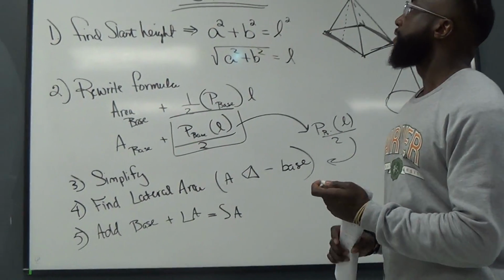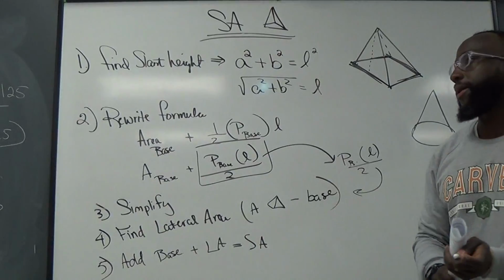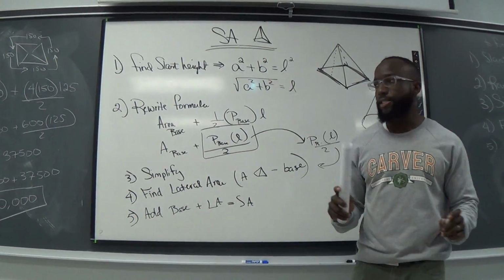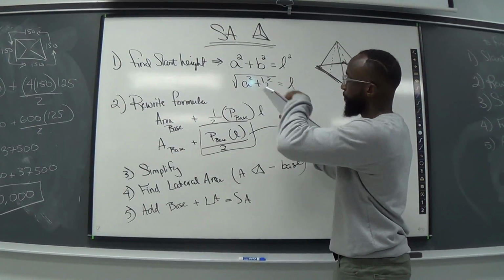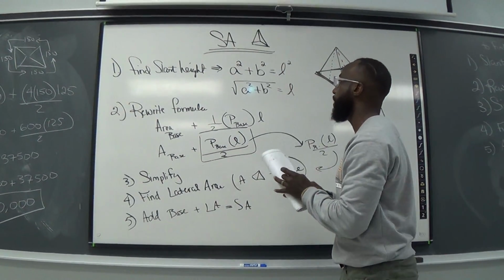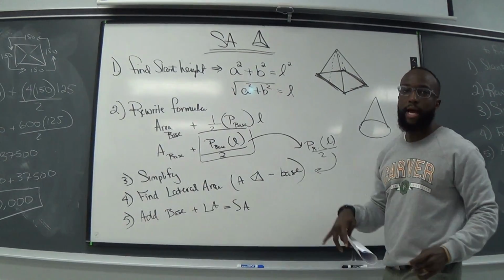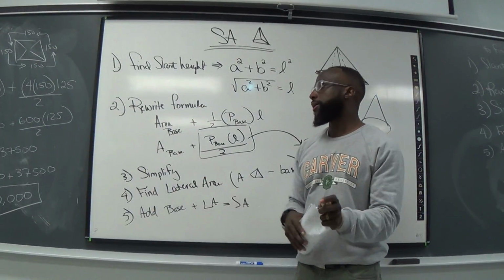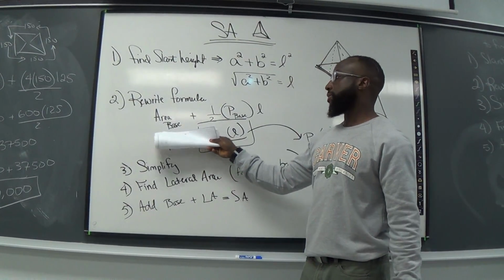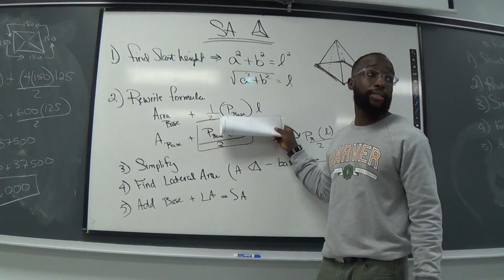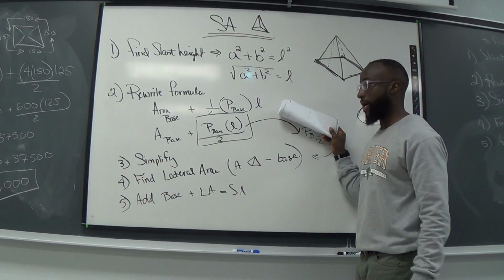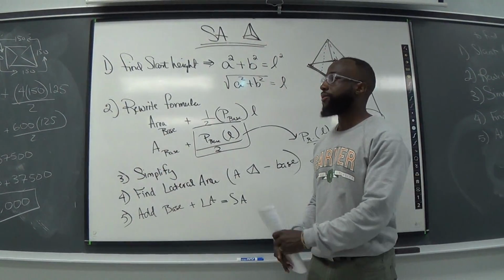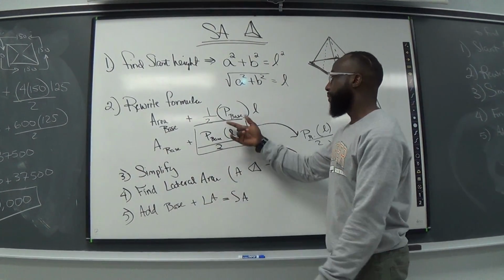Again, to find the surface area of a pyramid, the very first thing you want to do is find the slant height. If they do not give us the slant height, which is the side of the pyramid, we have to use the Pythagorean theorem to calculate it. After we find the slant height, we rewrite our formula using the area of the base plus 1/2 the perimeter of the base times the slant height, which is L. Then you simplify: calculate the area of the base and the perimeter.